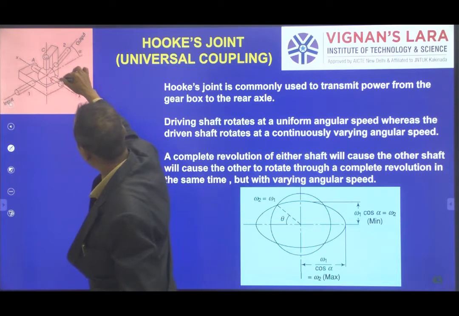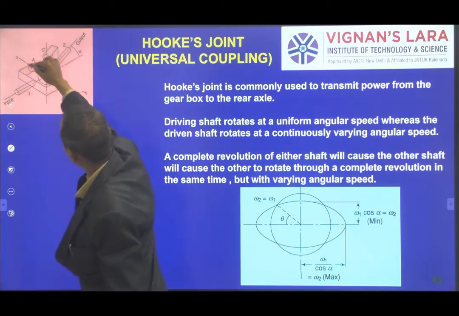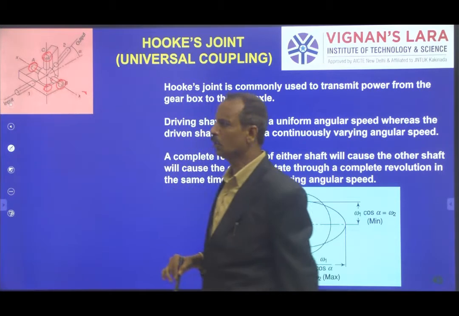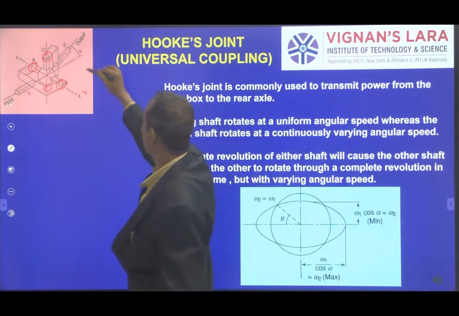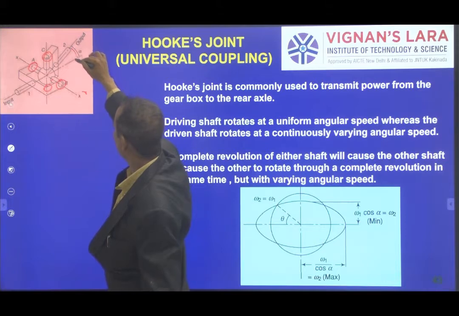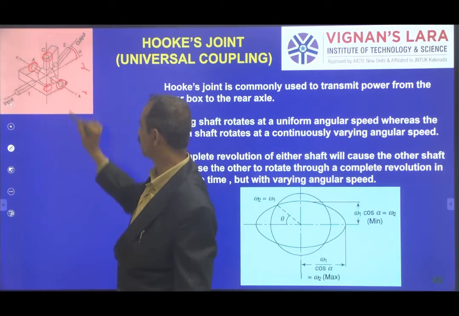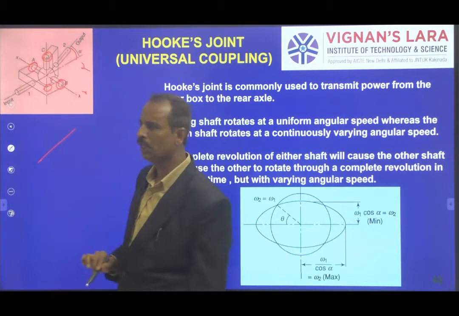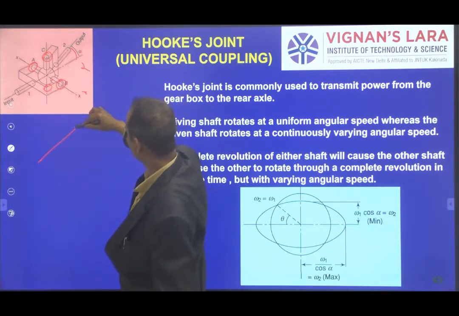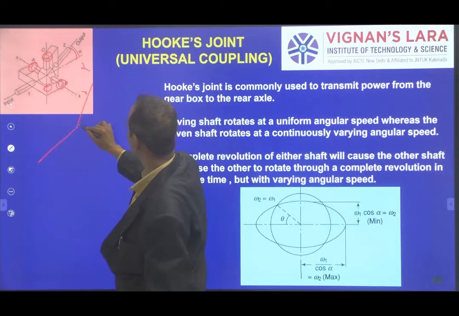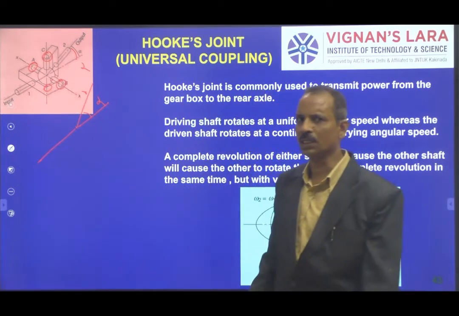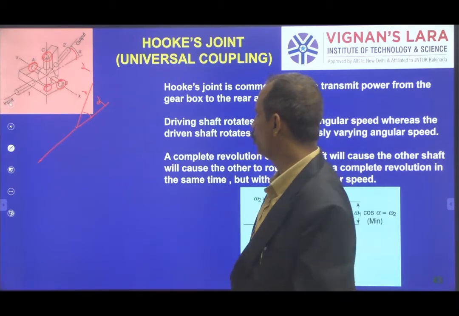So I can put a bearing here, here, here, and here. The driving shaft and driven shaft make an angle of alpha. So the driving shaft with this input axis and the driven shaft at some angle, which is nothing but alpha, isn't it? What is my objective?